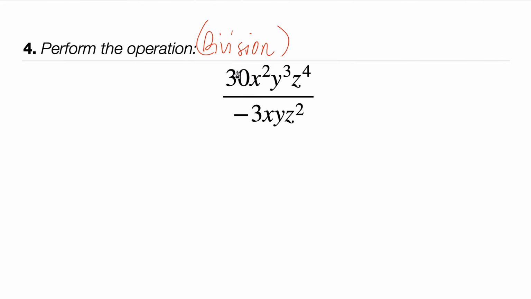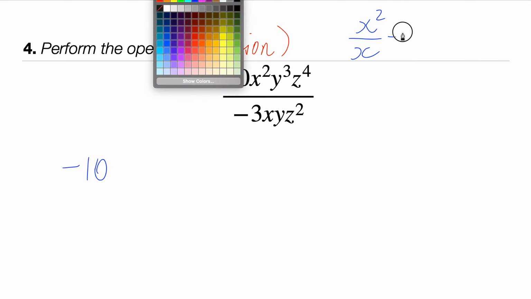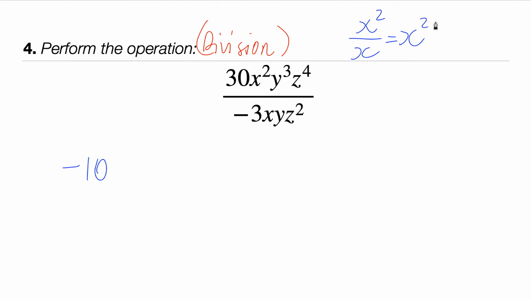So let's simplify. 30 divided by 3 is 10. Since they're not the same sign, it's going to be negative 10. And x squared divided by x, so x squared over x is equal to x to the 2 minus 1, since we have 1 here. So 2 minus 1 is just x raised to 1, so we can just write x.